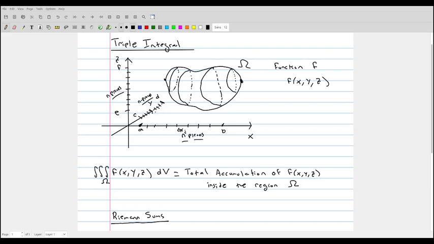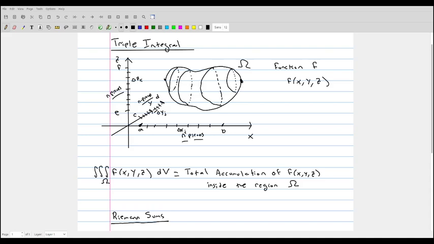The width along the jth cut of the y-axis we'll call delta y j, and then the width of the kth cut along the z-axis we'll call delta z k. This is the z-axis, and this is the kth cut of the z-axis in the partition.